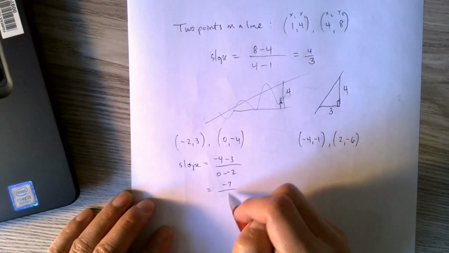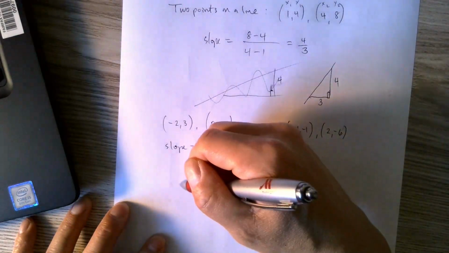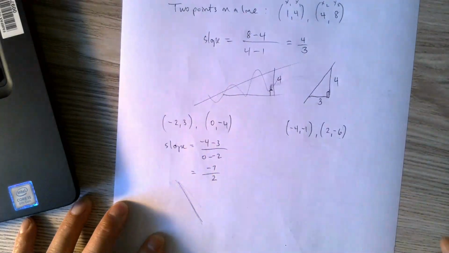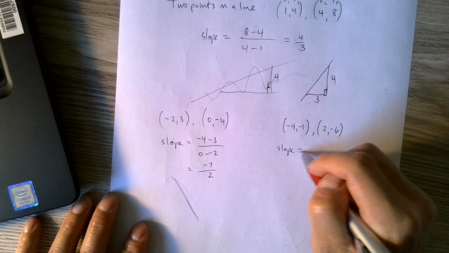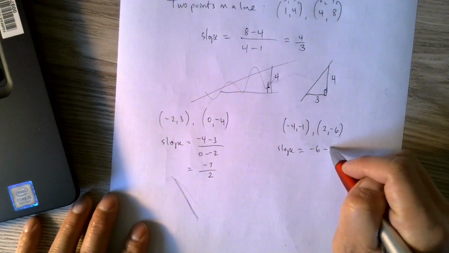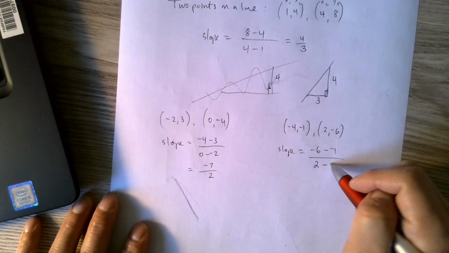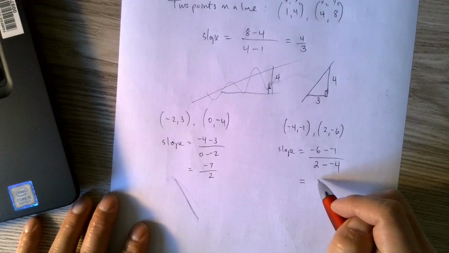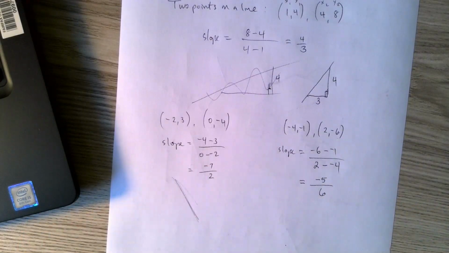Negative 7 over 2 is my slope. That's a negative slope, so it's going to be something like that. And on this line, with these 2 points, negative 6 minus negative 1 over 2 minus negative 4. Negative 5 over 6.